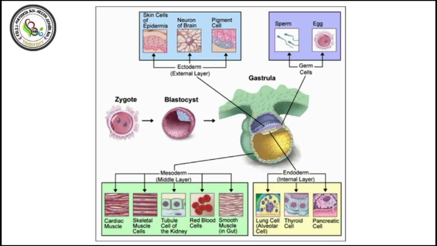The mesoderm will form the cardiac muscle, skeletal muscle cells, tubule cells of the kidney, red blood cells, and smooth muscle. The endoderm will form the lung cells, thyroid cells, and pancreatic cells.